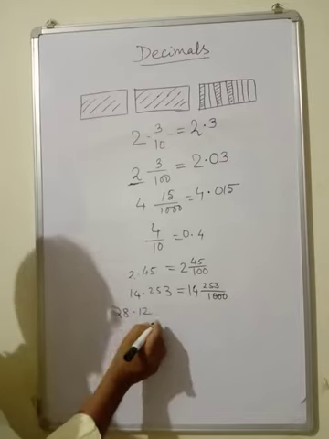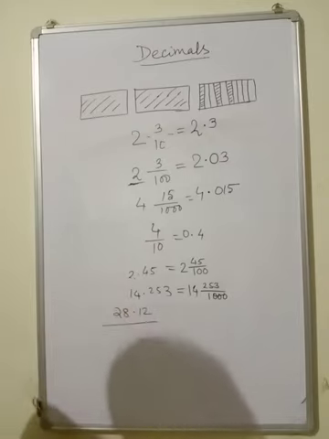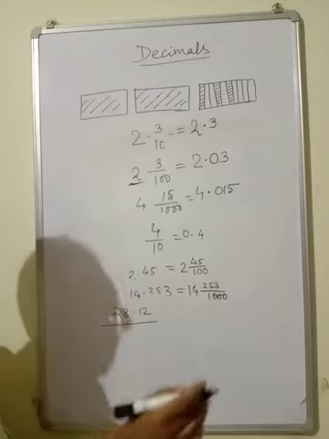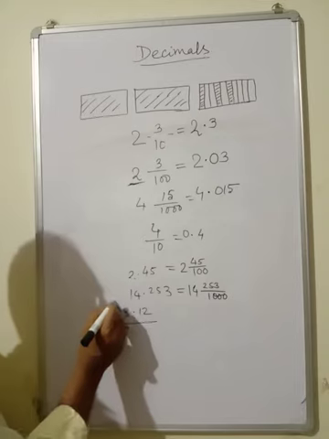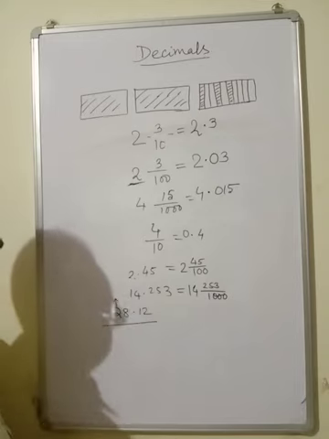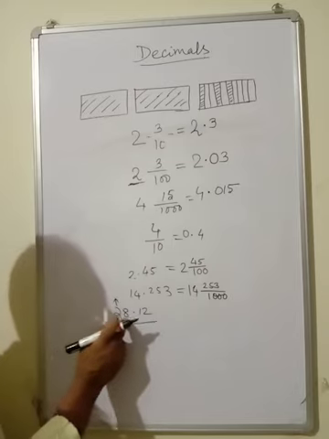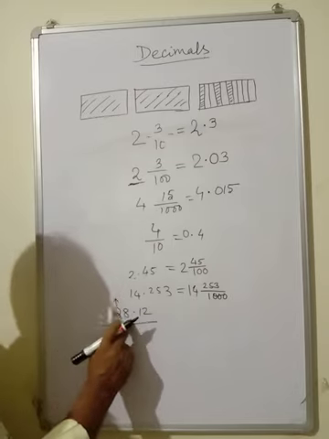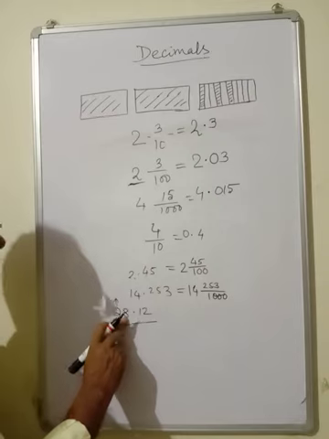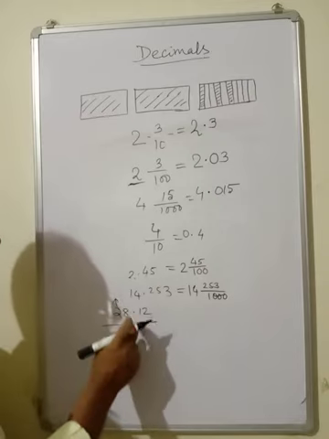Now see children, suppose 28.12 is written. Different types of questions can be asked and you can give the answer. Suppose your question is, in this number, what is the place value of this 2? This is 28, which means 20 and 8.